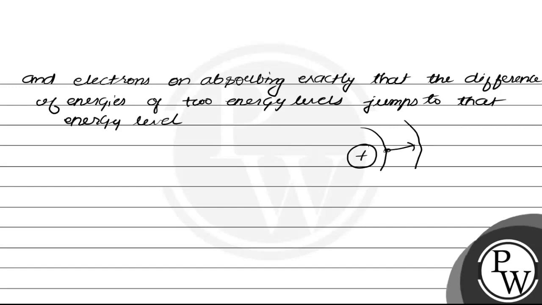energy, that is the difference of final energy level minus initial energy level. We can write minus 13.6 Z square upon n final square minus minus 13.6 Z square upon n initial square.